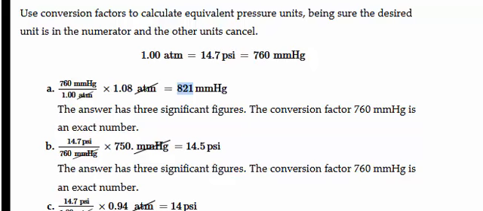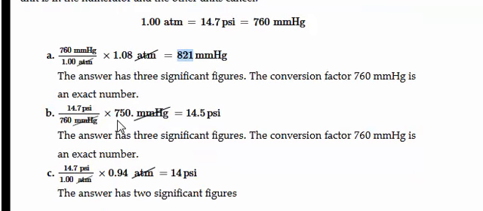Looking at our second conversion, we are converting 750 millimeters of mercury to psi. This has 3 significant figures since there's a decimal point after the trailing 0. The conversion factor we use has our desired unit in the numerator, and the unit we're trying to cancel out, millimeters of mercury, in our denominator.